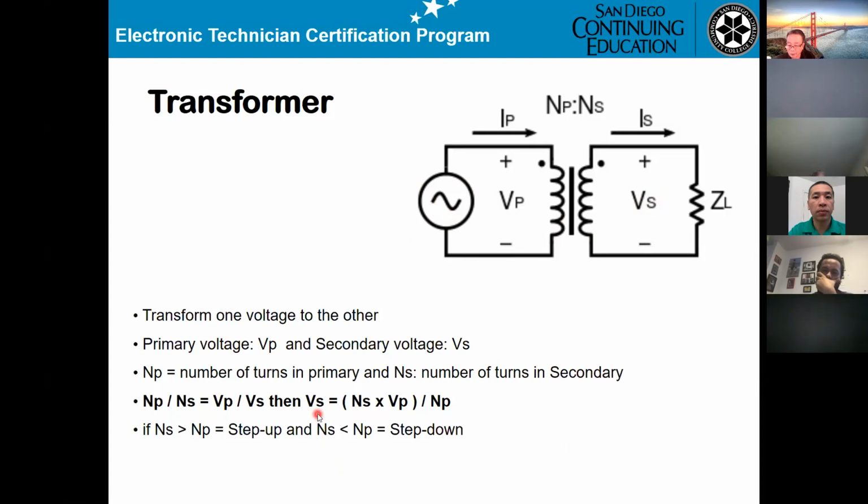Only thing, make sure, if you want to calculate the voltage at the secondary, this is the only formula that will help you: VS equals VP times NS divided by NP. NP means the winding, how many turns of the primary. And NS means the secondary winding, how many turns make up the secondary.